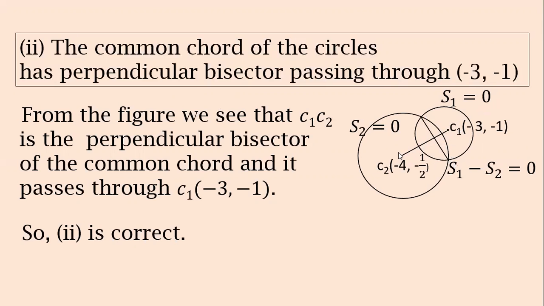As we know, the line connecting the centers of two circles is the perpendicular bisector of the common chord. So C1C2 is the perpendicular bisector. And we see one center is (minus 3, minus 1). So definitely C1C2 passes through (minus 3, minus 1). So the perpendicular bisector passes through (minus 3, minus 1). So option 2 is also correct.